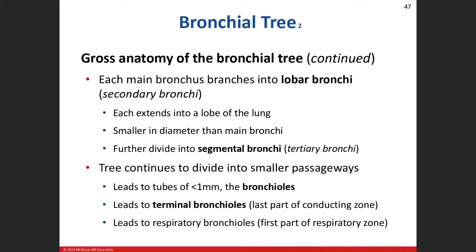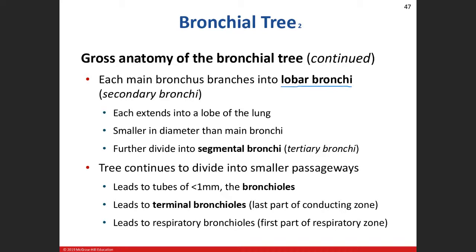Okay, so each bronchus is now going to break down into our secondary bronchi, or what we call the lobar bronchi, because your lungs, and we haven't seen this yet but we will when we do the gross anatomy of the lung, you have your right and left lung, and then you have lobes.